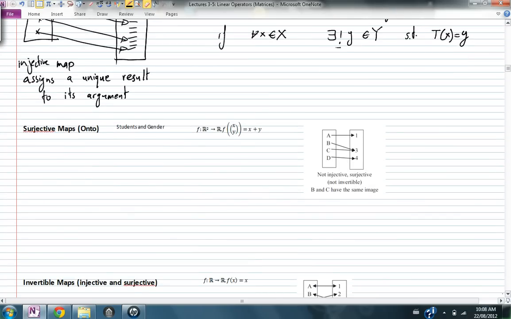The other kind of map that we're going to study is a surjective map. And again, I'm going to introduce it with an example. Students in CV398 and gender.